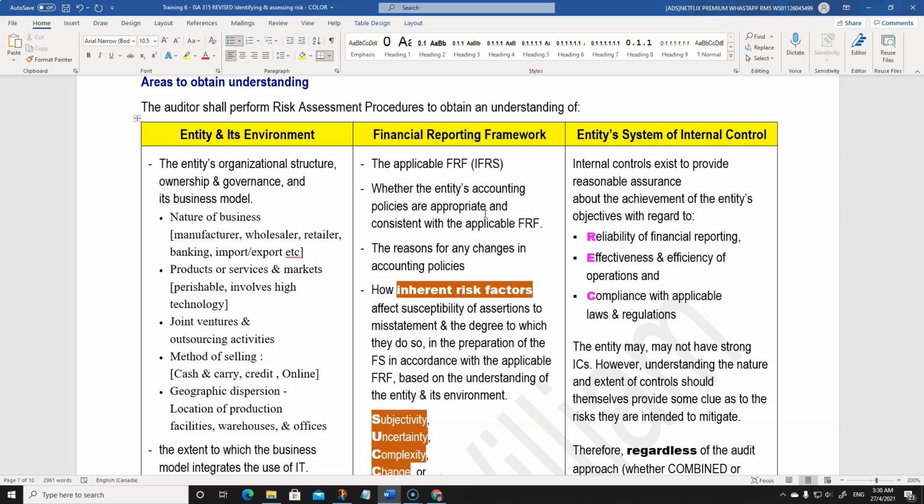The examiner will tell you whether they're using IFRS or some other financial reporting framework. So you need to be careful with the accounting policies, see whether they're appropriate. If they're changed, see whether the change is reasonable and that the client is not changing the accounting policy just to increase the profit figure. Like, for example, to increase the age of an asset just so that your annual depreciation could go down.